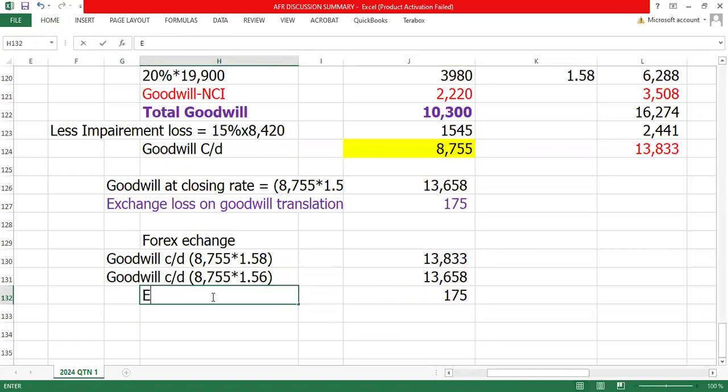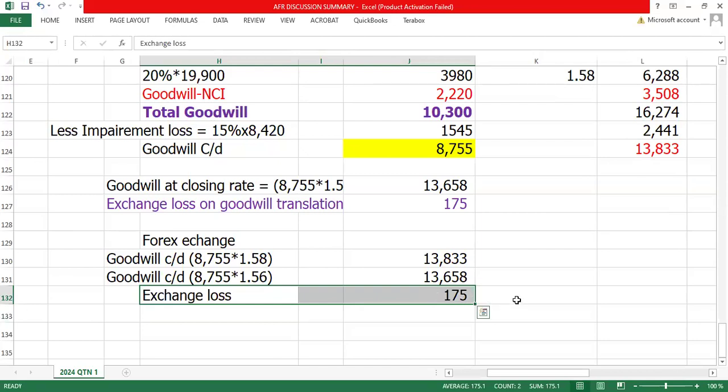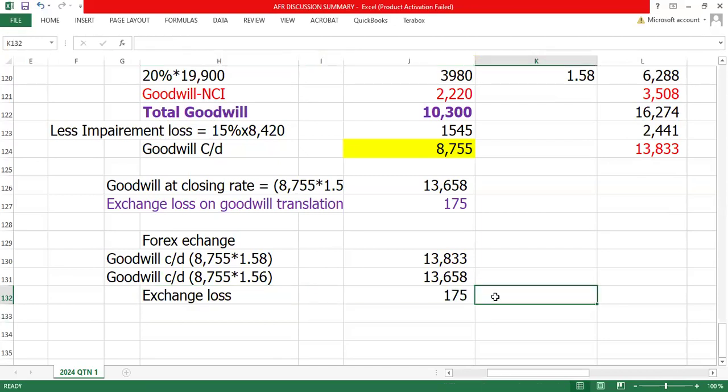This is the exchange loss. This exchange loss should affect your financials, should affect your retained earnings.